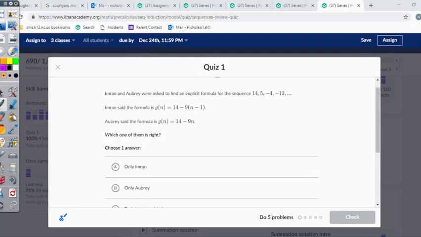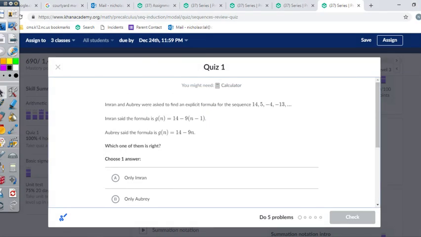There are two ways to express an explicit form of a sequence. We can find the explicit form and then figure out which is correct. The two explicit formulas are: a_n equals a_1 plus n minus 1 times d.